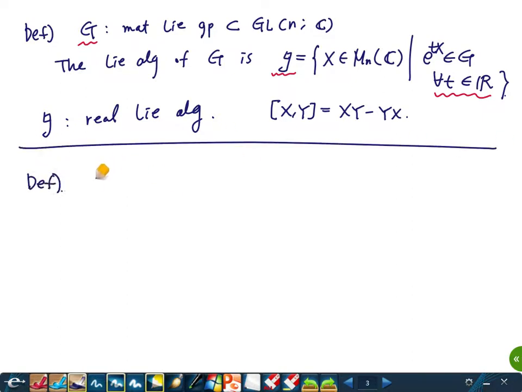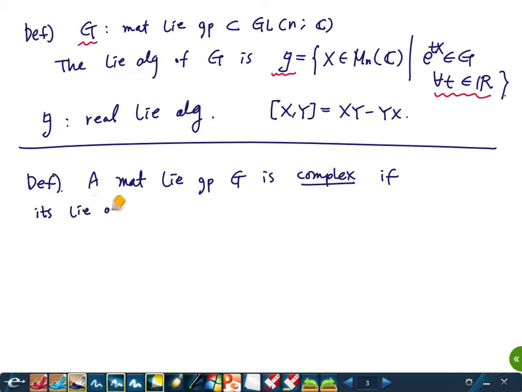And G, a matrix Lie group, is called complex if its Lie algebra g is a complex subspace of M_n(C).